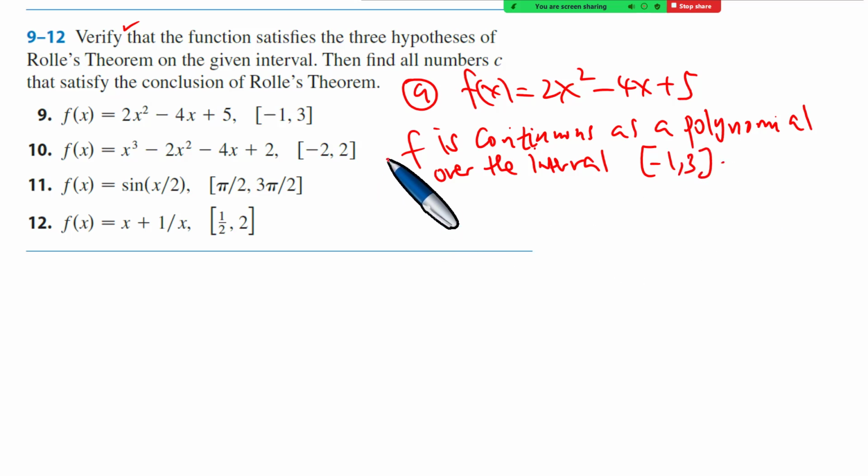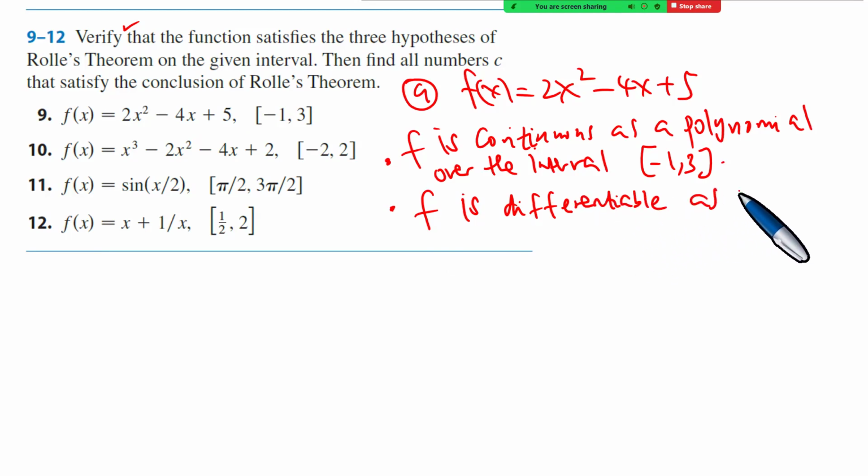Remember, continuity is over the closed interval. Moreover, f is differentiable. Why? Because you can find the derivative of this polynomial. So f is differentiable as a polynomial. All polynomials are differentiable. It's differentiable as a polynomial over the interval.